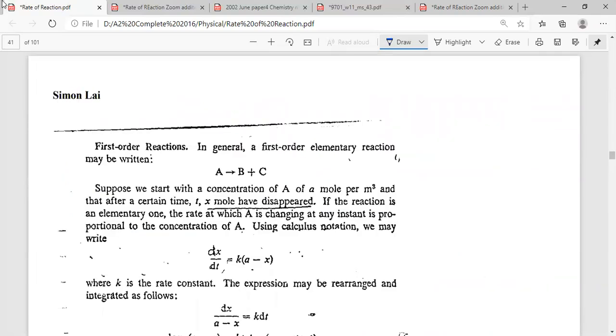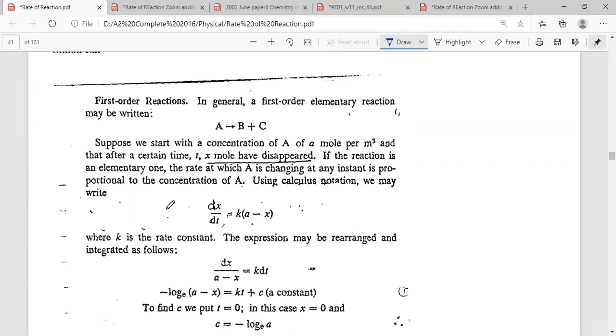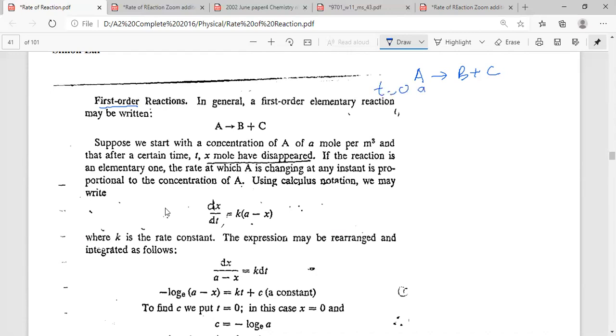Now, for first order reactions, A goes to B and C. At time 0, let's say A is a moles per m cube, and B and C are 0 and 0.